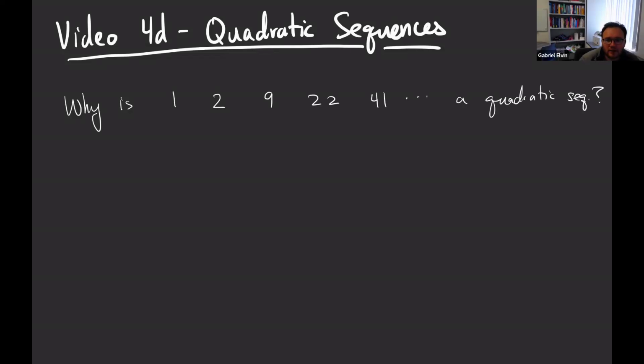So why is it a quadratic sequence? Well, in the video you saw that if the second difference is constant, then it's quadratic. But what does that mean exactly? Just to recap, if I look at the first difference, how much do I have to add to get from one term to the next term? To get from 1 to 2, I add 1.